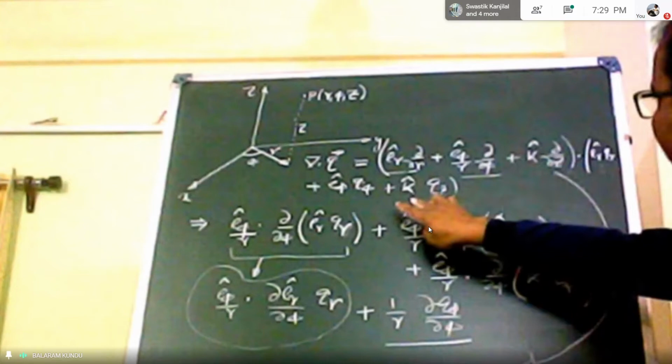So what is the expression of e_phi? Two informations are required: e_r information and e_phi information. So this is your e_r expression, and we can differentiate it.